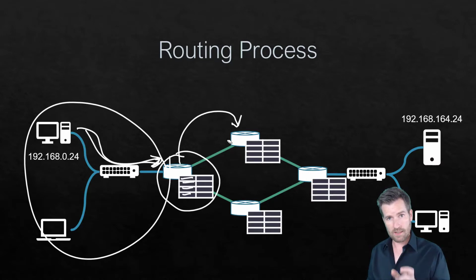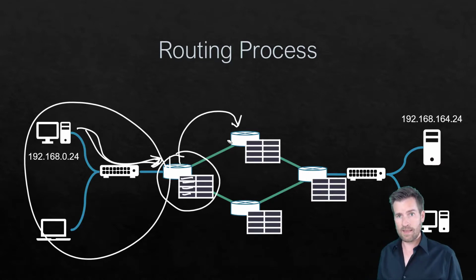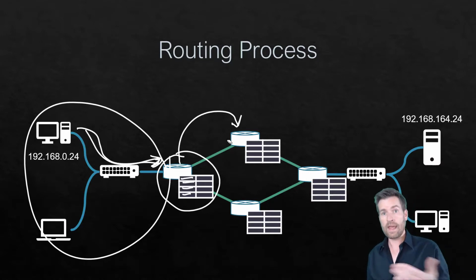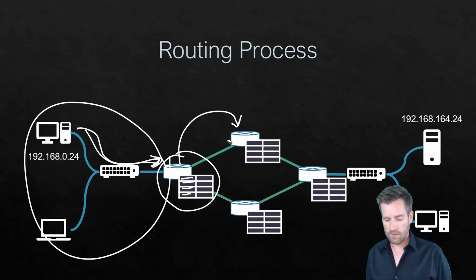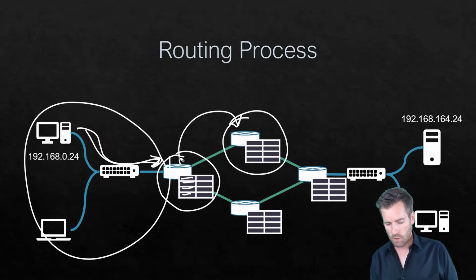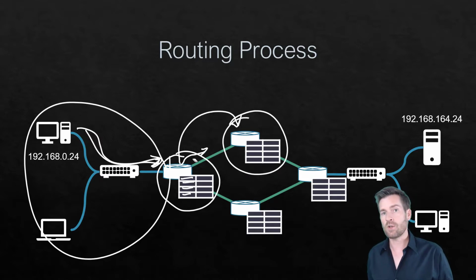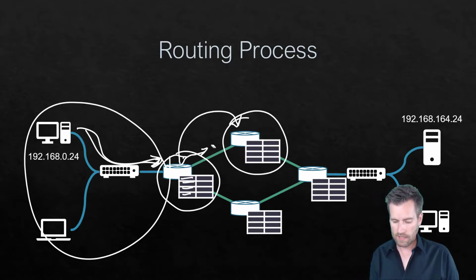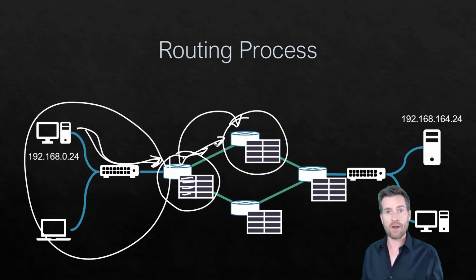Then once it's done that, it can forward that information onto the next router, that next hop. But of course, to put it onto this physical line, it's going to need to form a new layer 2 header and then use layer 1 to physically put it on the line to get it on its way. So that is the routing process.